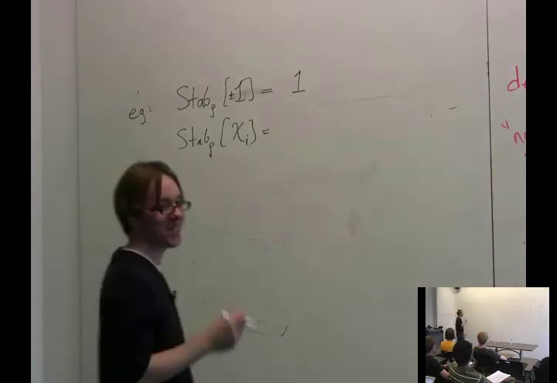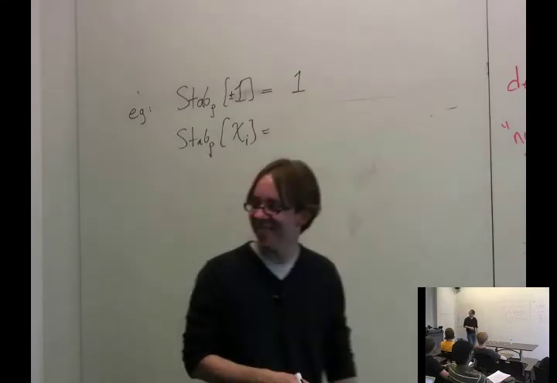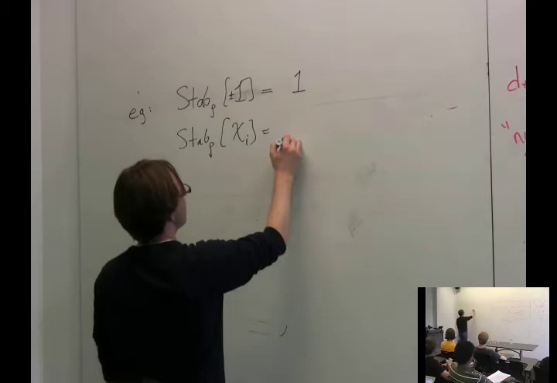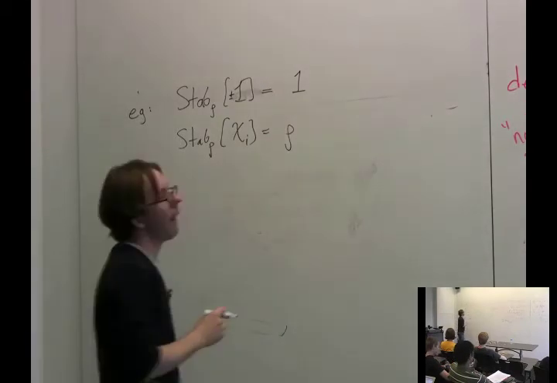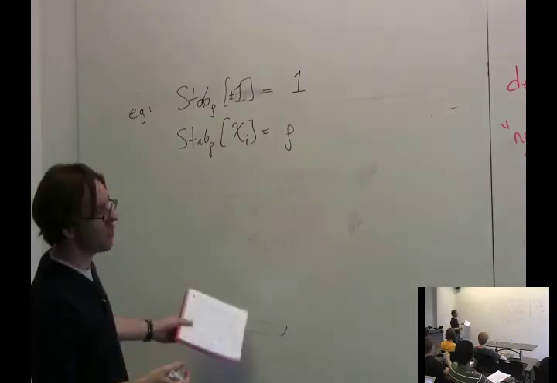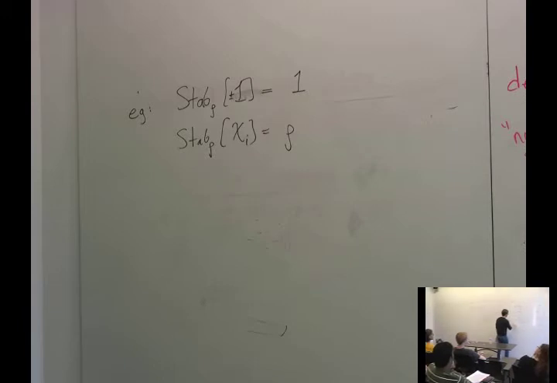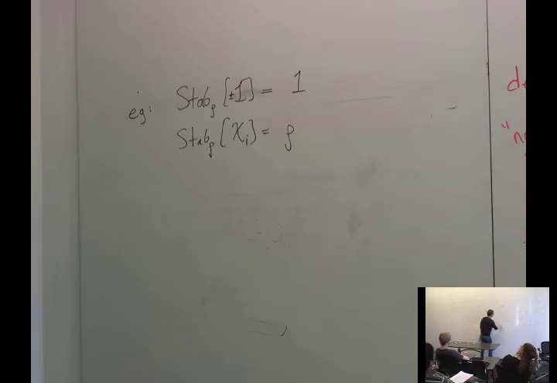Are you too distracted by the whistling? I know I am. OK, well, I'll tell you, it's rho. It's just rho. Because I erased it here cleverly. Remember, the third equivalent way to state this is that the expected value of xi, yi is rho. And that's exactly what we're computing.